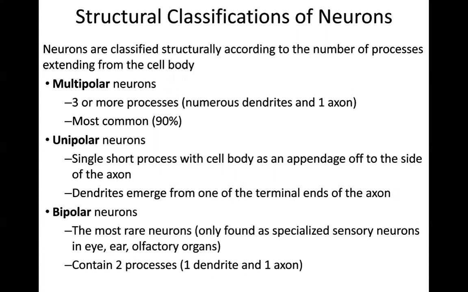Anybody ever heard of rods and cones? Rods and cones are in your eyes, right? They help with vision. Rods and cones are a form of bipolar neuron, containing 2 processes.